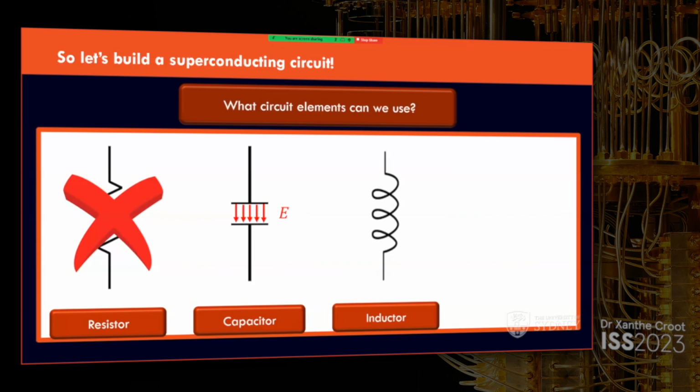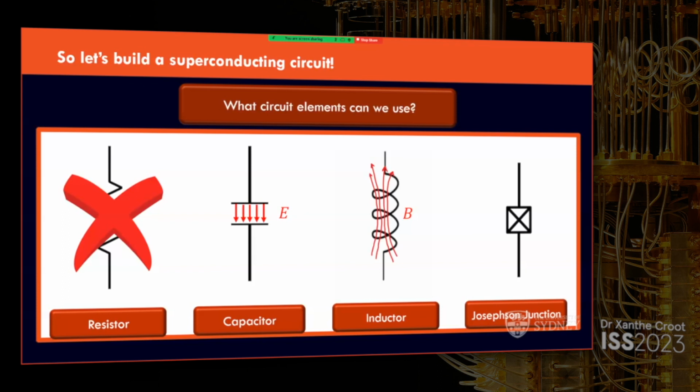An inductor is really just a wire that's all looped around on itself. And when current flows through that wire, you basically establish a magnetic field in the wire. So a capacitor is a circuit element that stores electric field, and conversely, an inductor is a circuit element that stores magnetic field. We're going to talk about one more circuit element today.